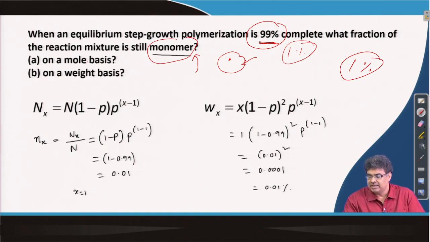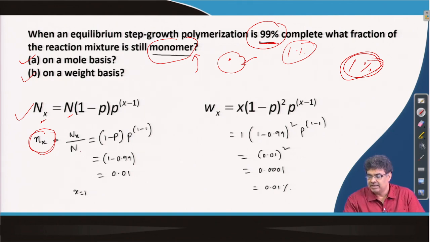On the mole basis and on the weight basis we will calculate using this formula, and we will also find this 1%. See, it is Nx upon N. Nx is the number of x-mer molecules, and N is the total number of molecules produced. So Nx upon N is the mole fraction of this x-mer.